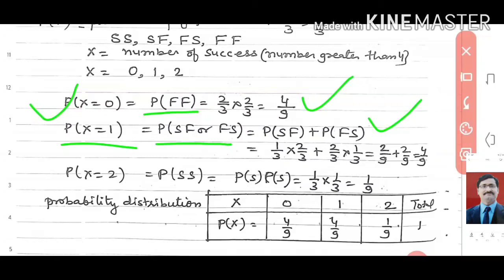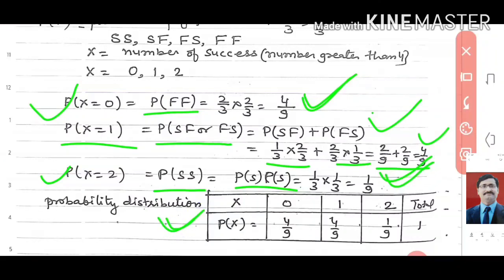These are independent events, so 1 by 3 into 2 by 3 plus 2 by 3 into 1 by 3, that is 2 by 9 plus 2 by 9, which is 4 by 9. Next is P(X = 2), both times success, P(SS). You write P(S) into P(S), that equals 1 by 3 into 1 by 3, which is 1 by 9.